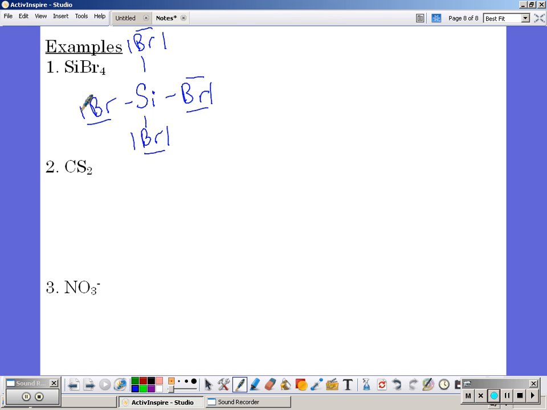My silicon has also got 8 electrons being shared. It could break the octet rule, but it doesn't need to. So in this case, I have a center atom, and then I have 4 atoms attached to it. So it's tetrahedral in shape. And tetrahedral molecules have a bond angle of 109.5.